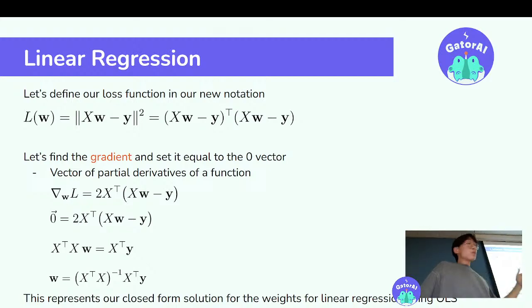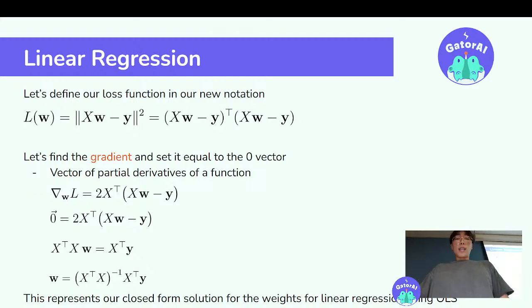And so now that we've set our gradient, which is the vector of partial derivatives, equal to 0, we can solve for our optimal parameters w. All we essentially do is expand out the 2x with the xw minus y on the right-hand side, and then we can move over the x transpose xw, and we set it equal to x transpose y, and then essentially we just divide by it.